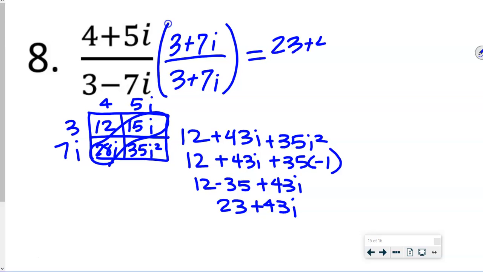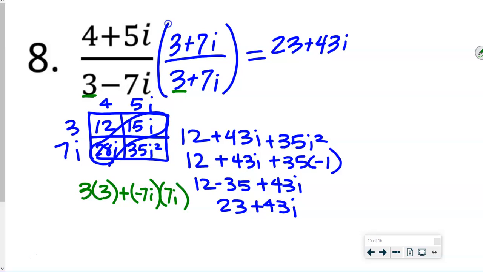23 plus 43i. Now, do y'all remember that trick I showed you last problem? So let's talk about 3 times 3. Okay, and then we're going to multiply -7i times 7i. Again, we've noticed that the diagonal terms, every time we've done these, have canceled each other out, right? So this is what we can do to shorten it.